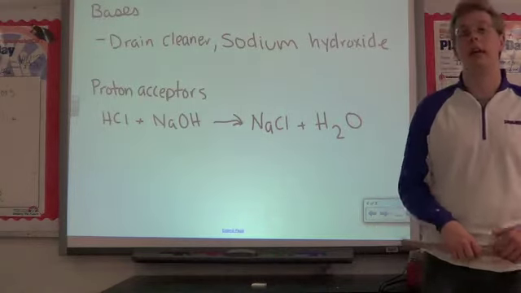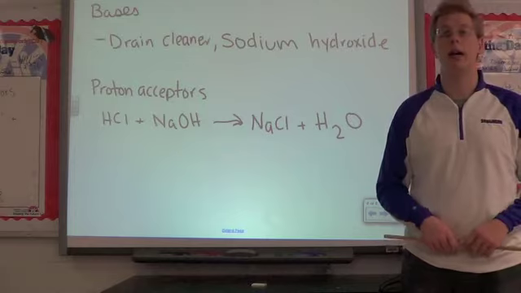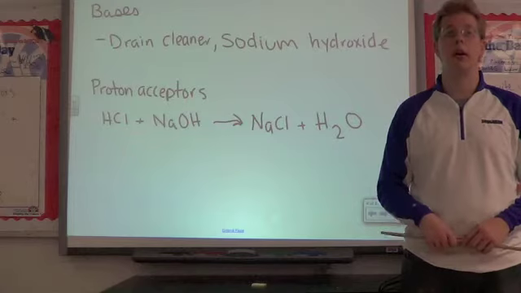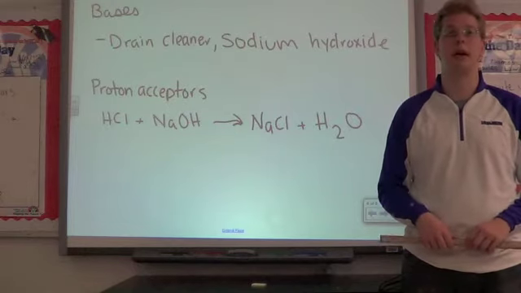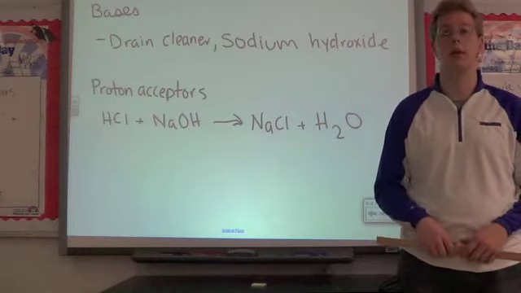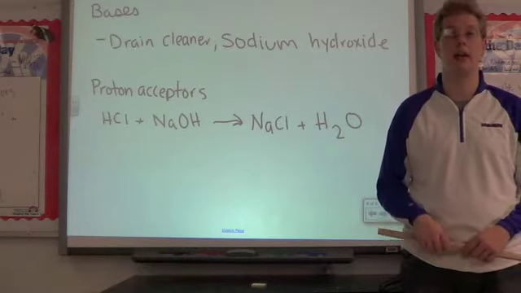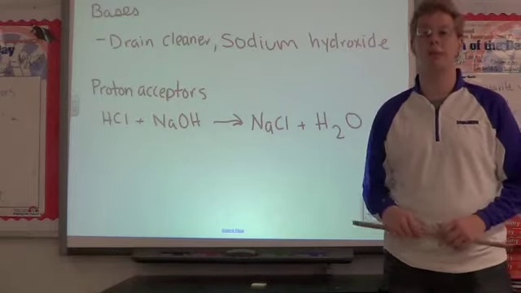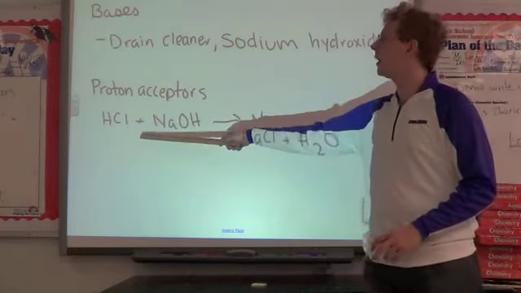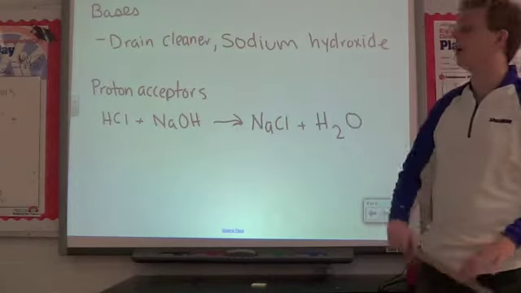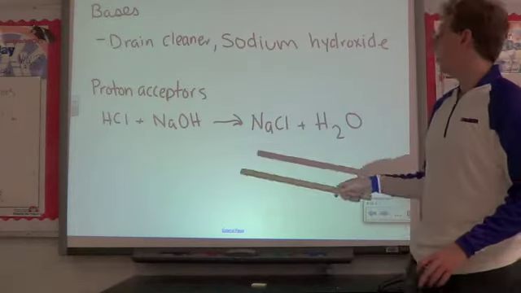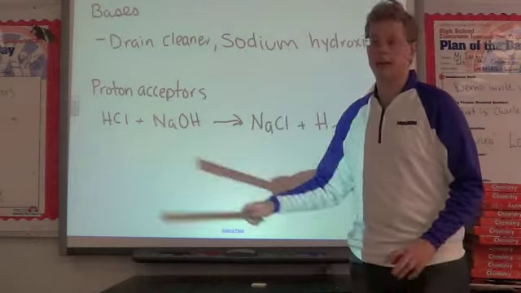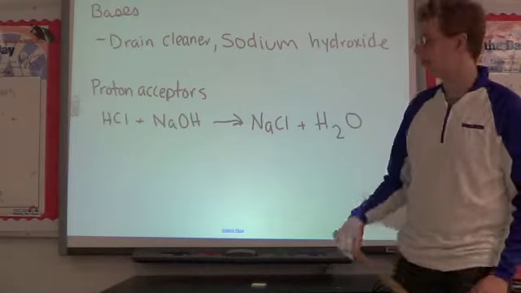Bases, on the other hand, tend to be household cleaning products. We don't eat many bases, so you've got things like drain cleaners, soap, sodium hydroxide, magnesium hydroxide. If we're talking about chemicals that are bases, they tend to have hydroxide in their name. And what it means for them to be a proton acceptor is that if I take the reaction of hydrochloric acid plus sodium hydroxide here, what happens is the sodium hydroxide breaks down into ions, and so does the hydrochloric acid.